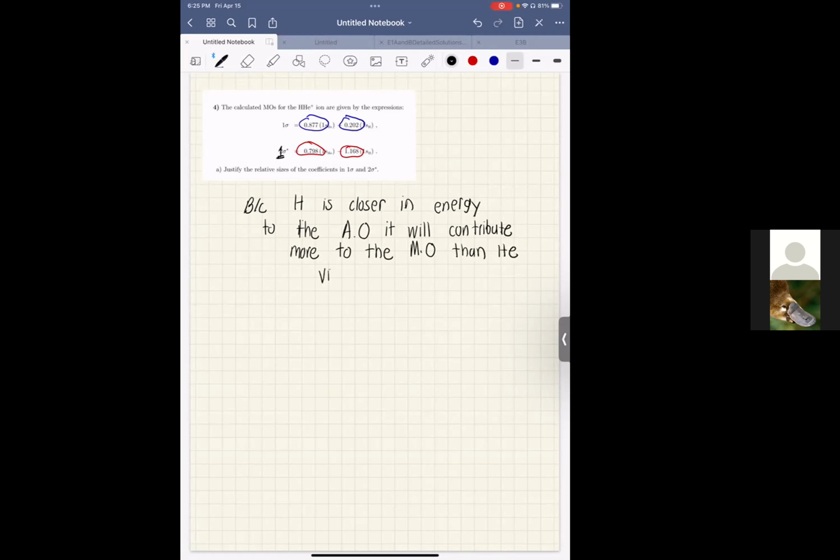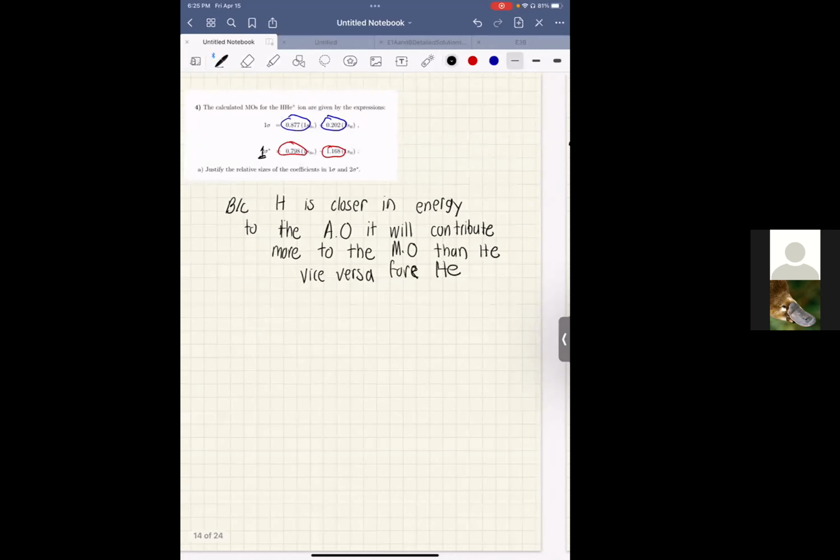And it's going to be vice versa for helium. Okay.